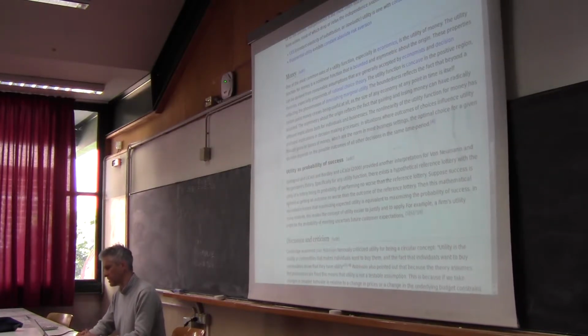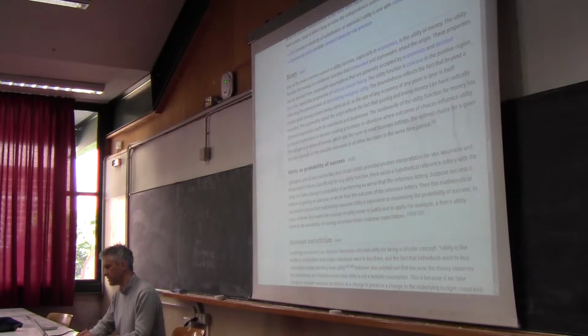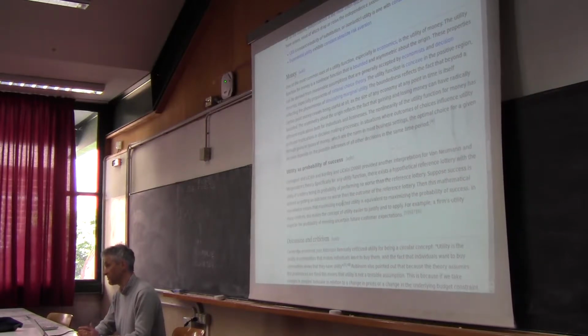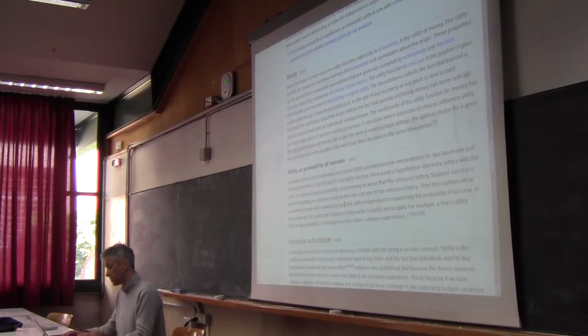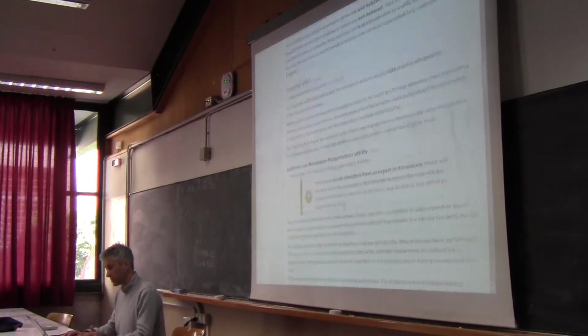You see, for instance, here, utility is meant as a probability of success, and the probability of success varies between 0 and 1. And, you know, it depends on the definition that the other professor adopted.